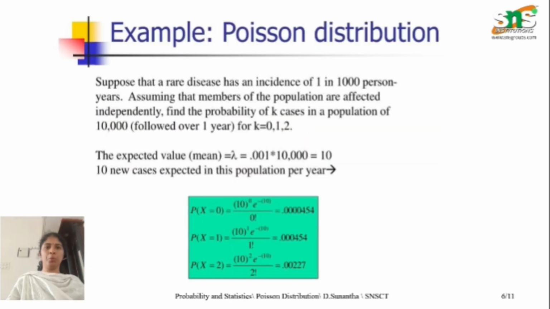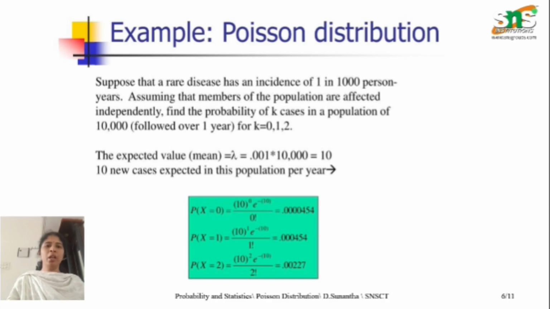So here is one more example. Suppose that a rare disease has an incidence of 1 in 1000 persons per year. Assuming that members of the population are affected independently, find the probability of k cases in a population of 10,000 for k equal to 0, 1, 2, 3.